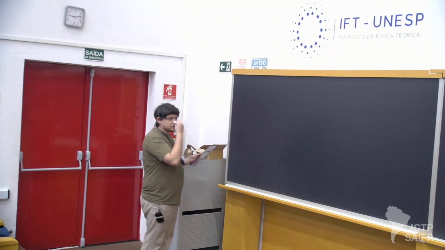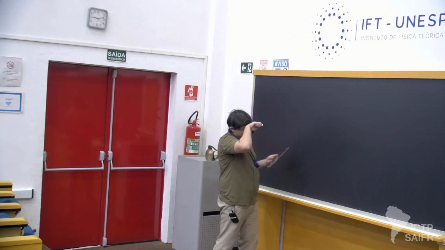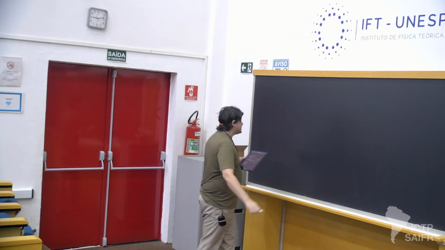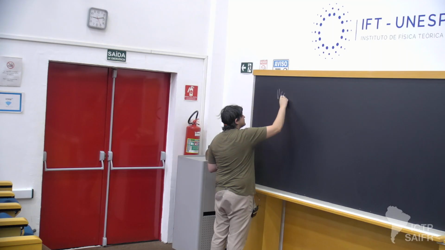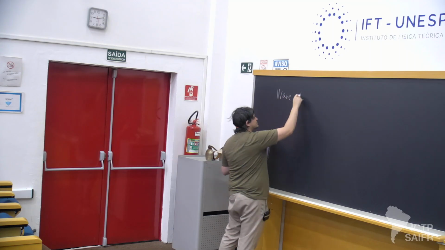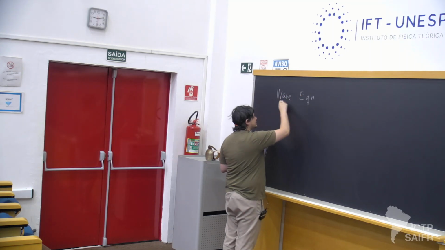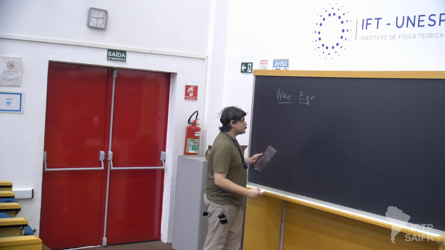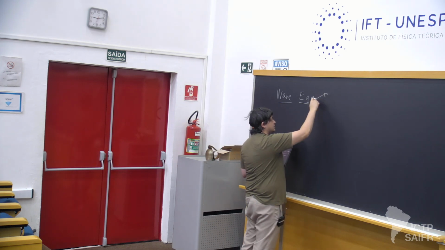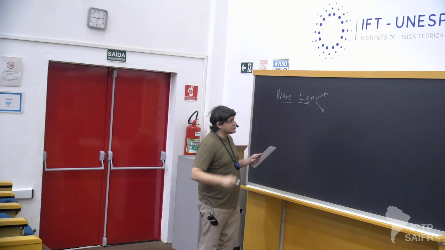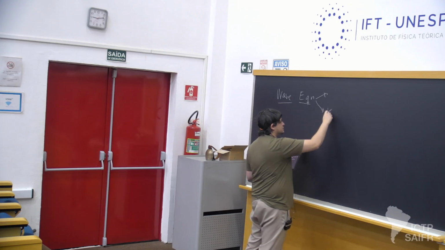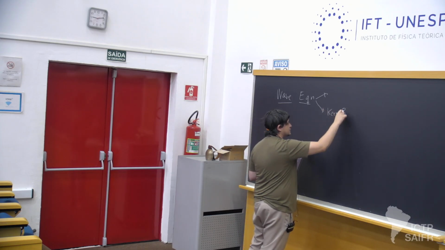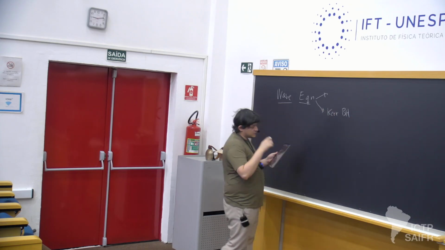We will mostly discuss wave equations, and I was thinking of discussing Kerr, yes, because that's where I mostly worked. So the Kerr black holes, but today we will just keep it.